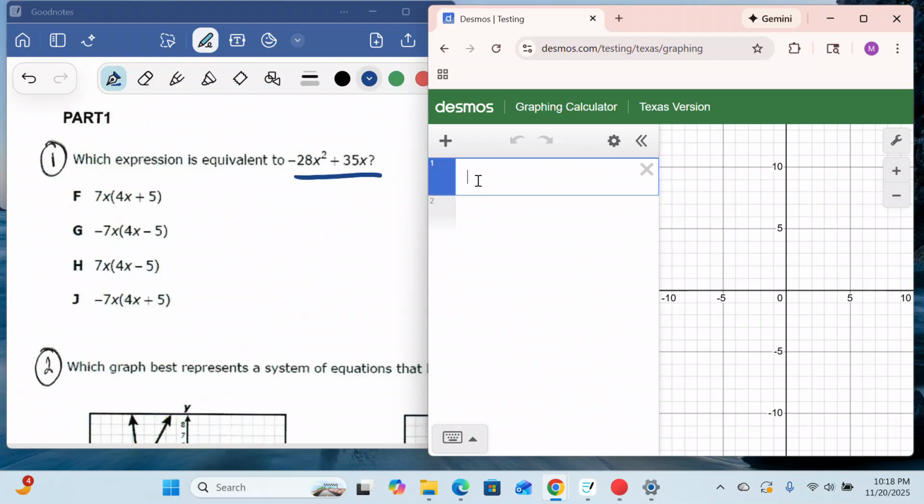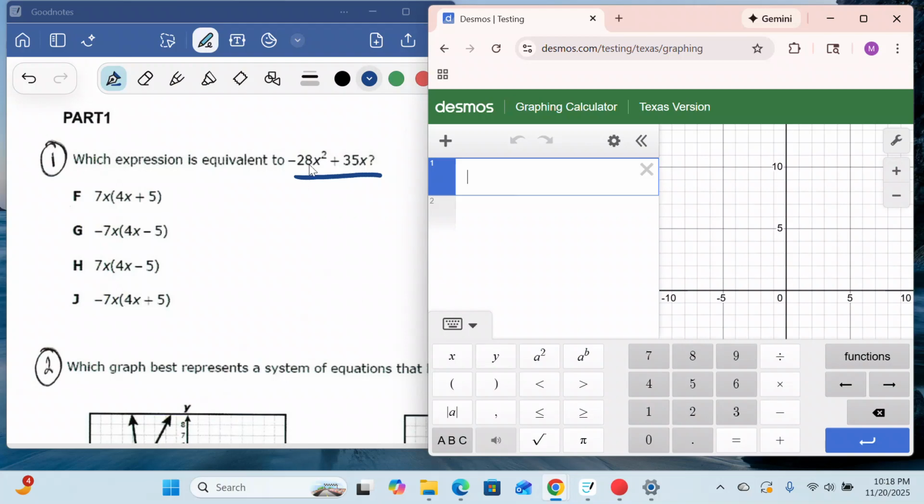I'm going to just input it the way it is, negative 28 x squared, positive 35x. And that is your answer.